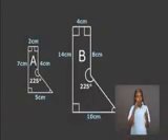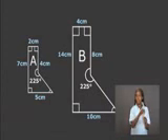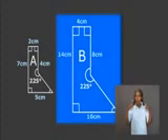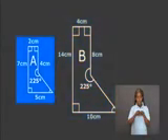For two figures to be similar, the corresponding angles must be exactly the same. But the corresponding sides do not have to be the same length. However, the lengths of the corresponding sides must have the same ratio. In this case, they are exactly twice as long in the second square as they are in the first.